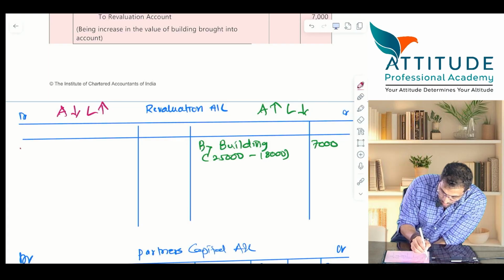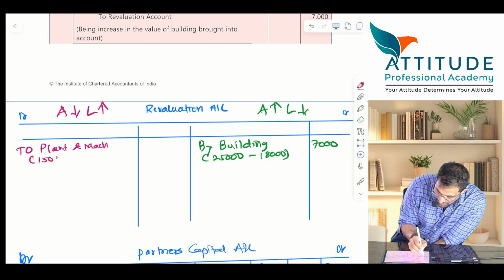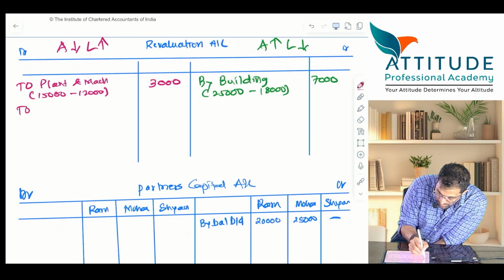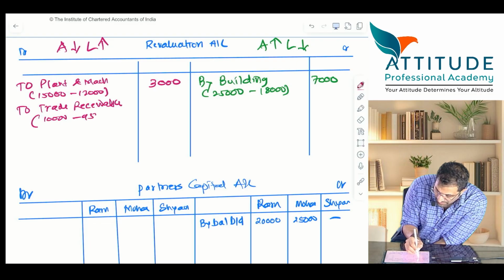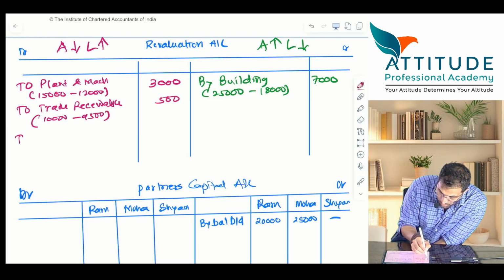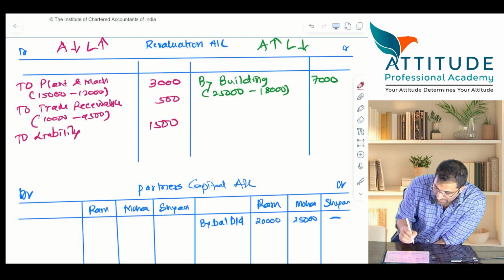Tell me, plant and machinery. 15,000 minus 12,000, which is how much? 3,000. Trade receivables are debtors. 10,000 minus 9,500, 500. Then new liability is created. 1,500.